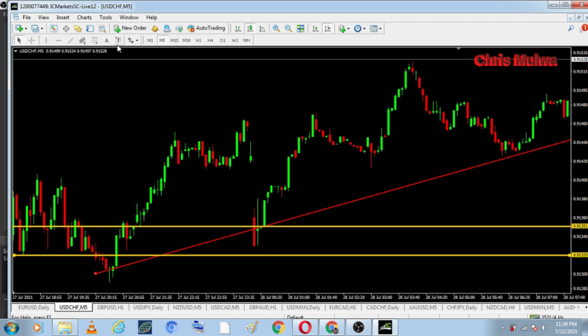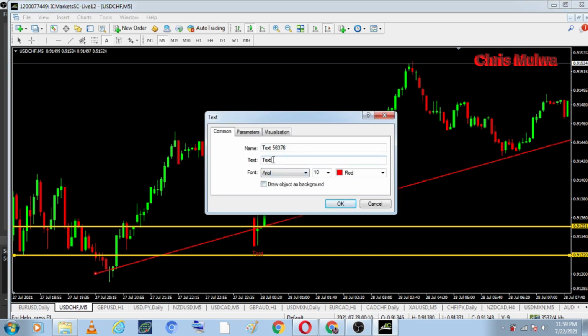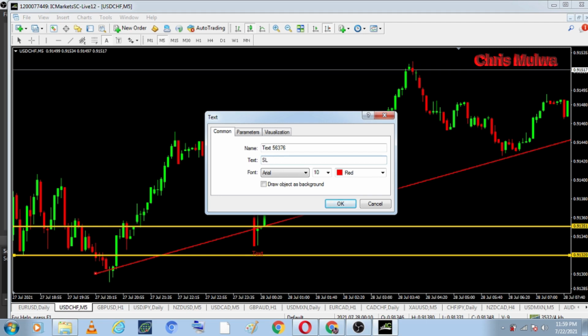Okay, my stop loss will be down somewhere. Let me use the 15 time frame so that I can put my stop loss. This is what I was using. I will delete this object.